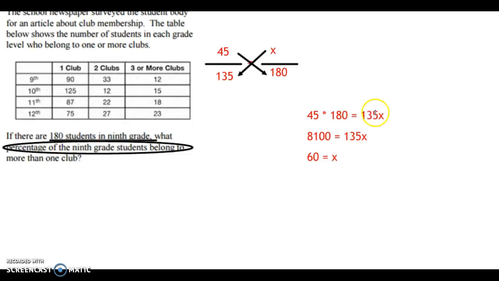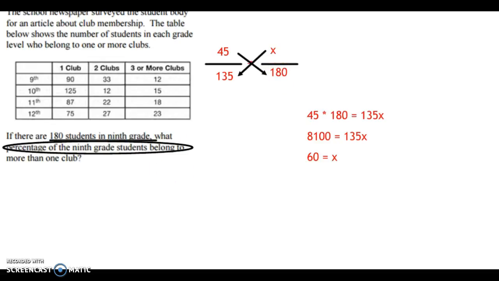45 times 180 is equal to 135x. 8100 is what you get when you multiply 45 times 180. That's equal to 135x, and now we'll divide both sides by 135. We get 60 is equal to x. So what percentage of the 9th grade students belong to more than one club? Well, 60 out of a possible 180 belong to more than one club.